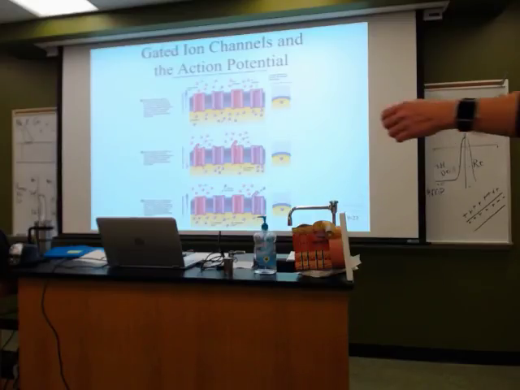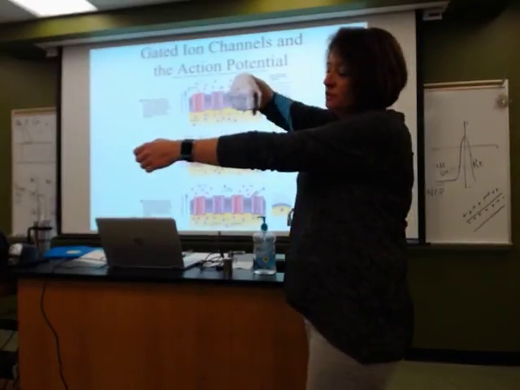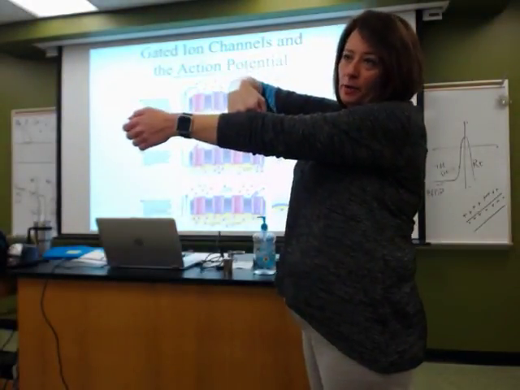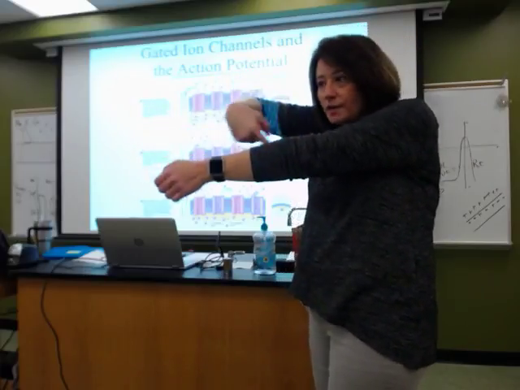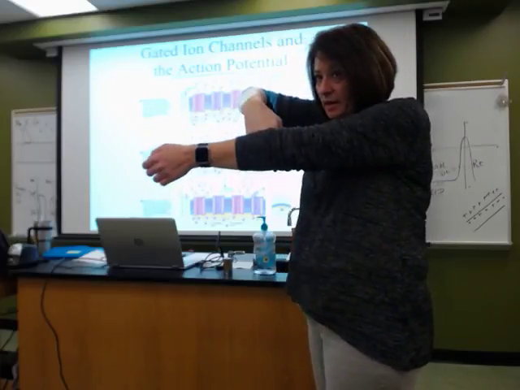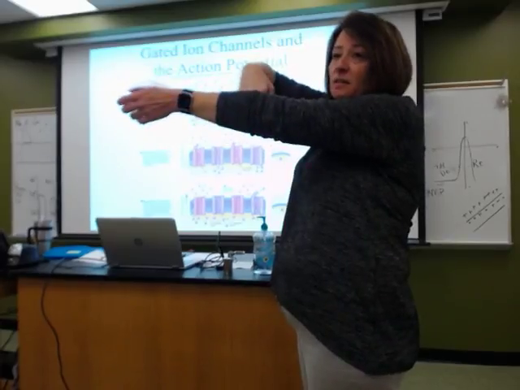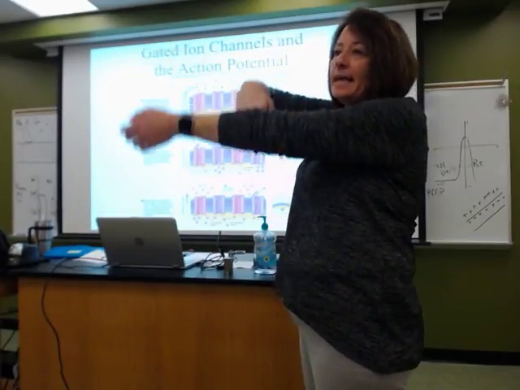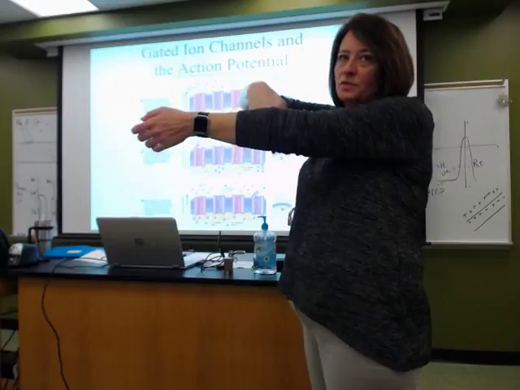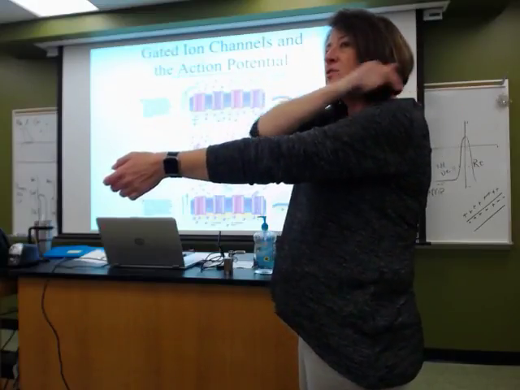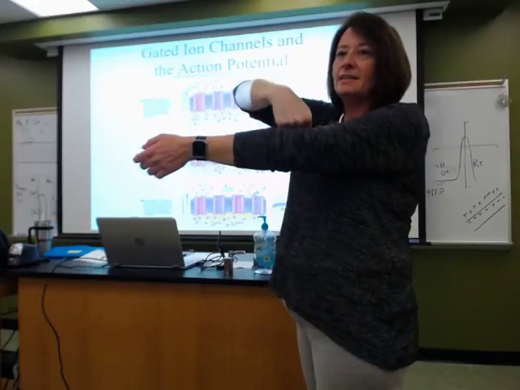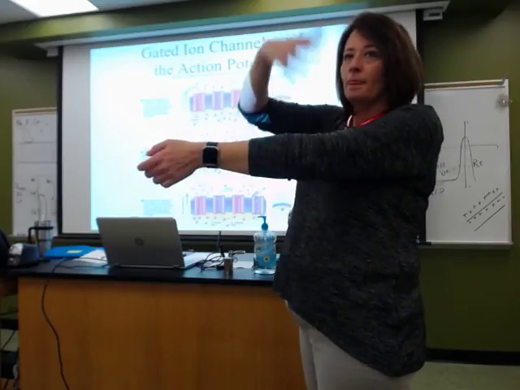So if I think about the nerve meeting that fiber in this area right here where they meet, I'm using ligand-gated channels. But I still have the rest of this muscle fiber that has to be affected.